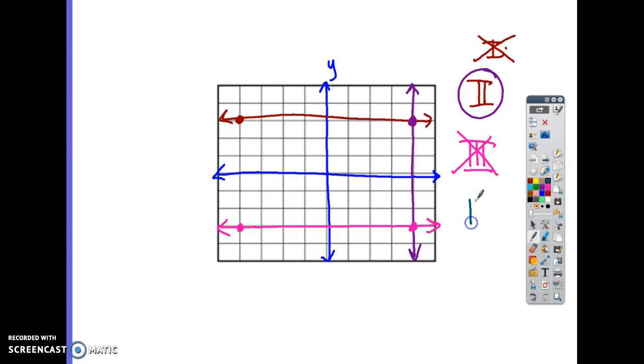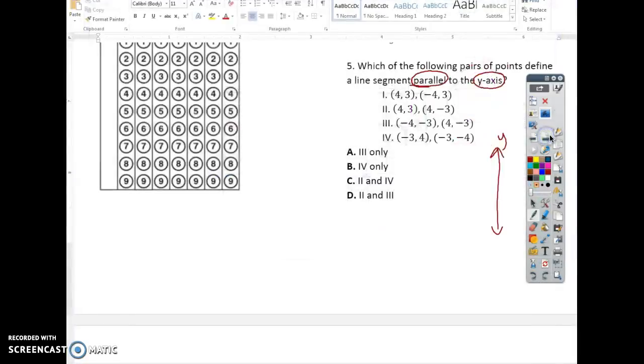And line number 4 goes through (-3, 4) and (-3, -4). So that's a vertical line that is also parallel to the y-axis. So the ones that are parallel to the y-axis are line 2 and 4, which is letter C. Okay?